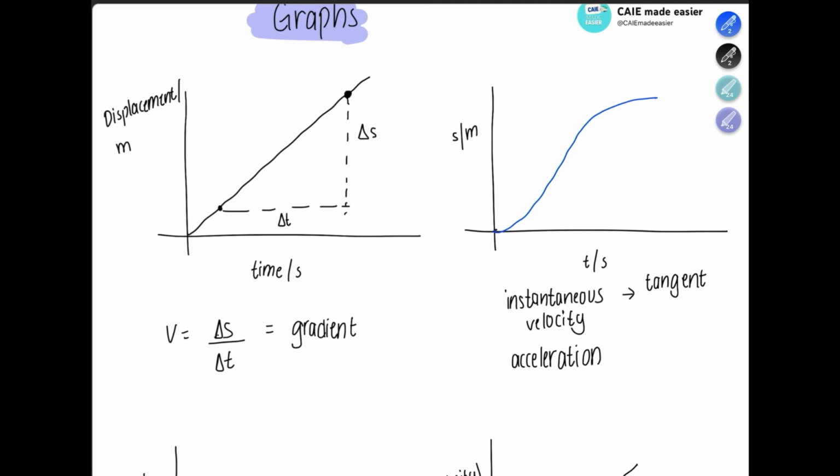You can see at this point the graph is becoming steeper, right? So this is acceleration. Now on the other hand, at this point the graph is becoming less steep, right? So this is deceleration. And you can identify the regions of acceleration and deceleration from a displacement time graph.